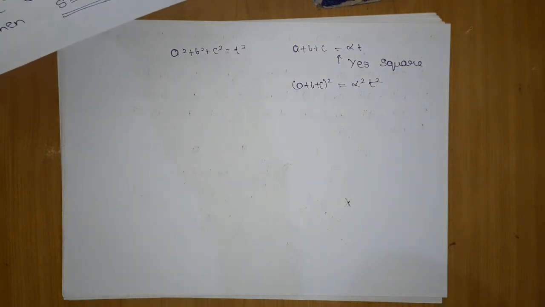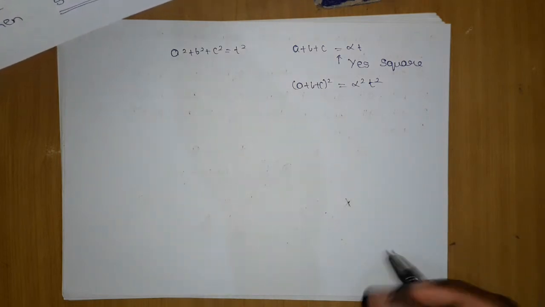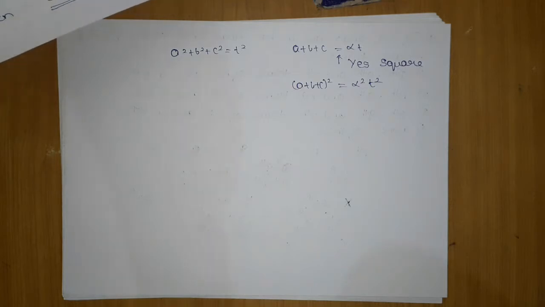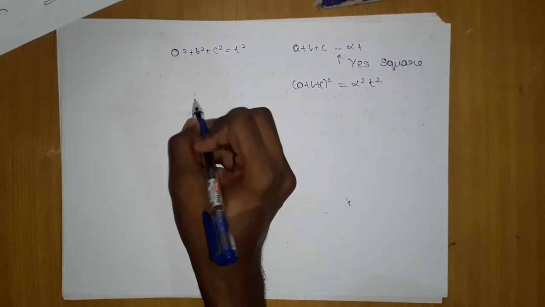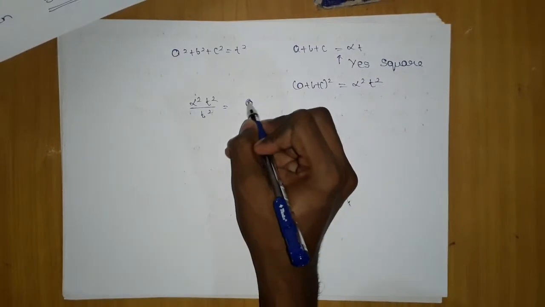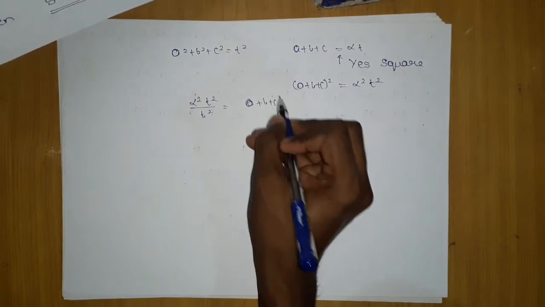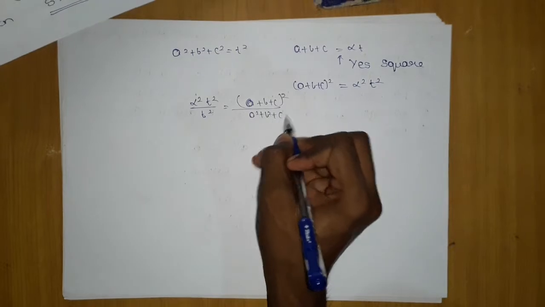So why expand unnecessarily, until you get into a situation where there is no other option other than substituting? So what was our process? We were going to divide alpha square into t square by t square. That was our main purpose. This was a plus b plus c the whole square, and this was a square plus b square plus c square.